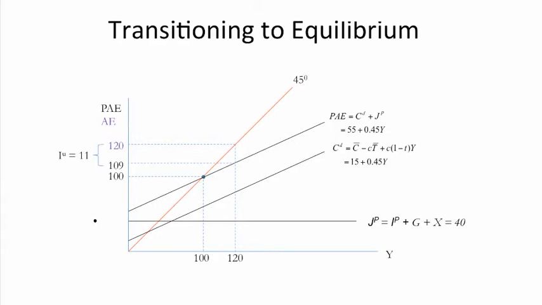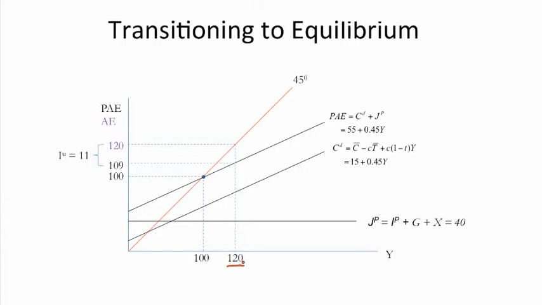What we have here is an economy not in equilibrium. What I mean by that is we have an economy, I'm going to assume, producing 120 units of output.